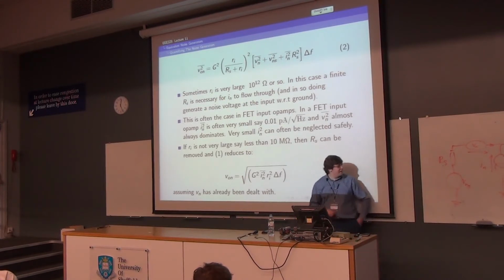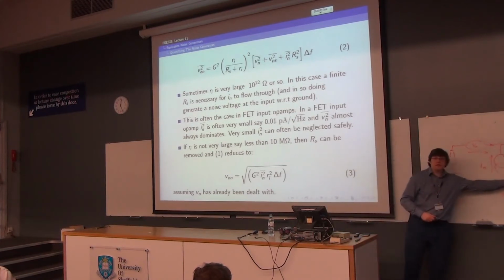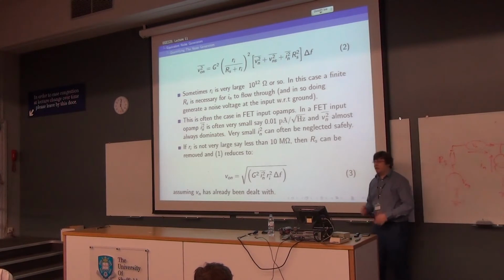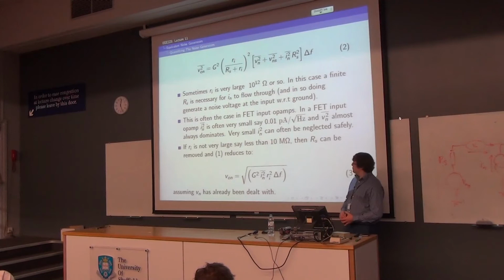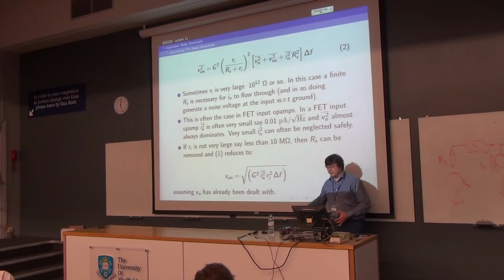If, on the other hand, your RI is not very large, that's to say, it's not many, many, many times larger than RS, oftentimes you can't neglect it. And when I say not very large, we'll say less than 10 megaohms. But if RS can be reduced, can be removed, then equation number 1 disappears down to this one here.